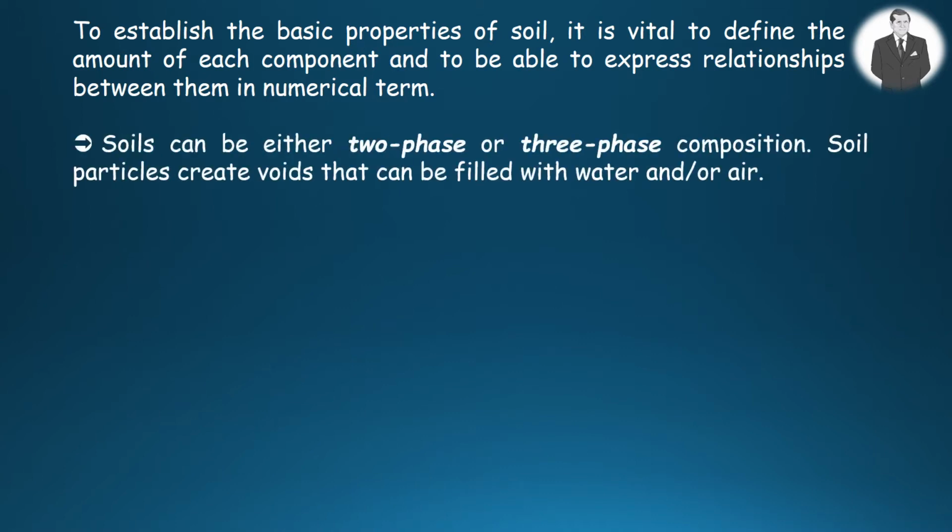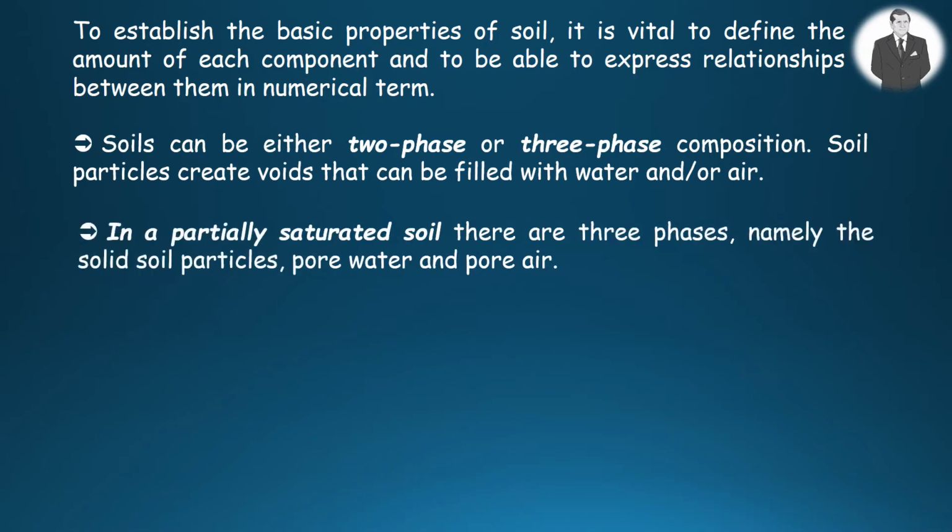Soils can be either two-phase or three-phase composition, and soil particles form voids that can be occupied with water and/or air. In a partially saturated soil, there are three phases. That is, the solid soil particles, pore water, and pore air.